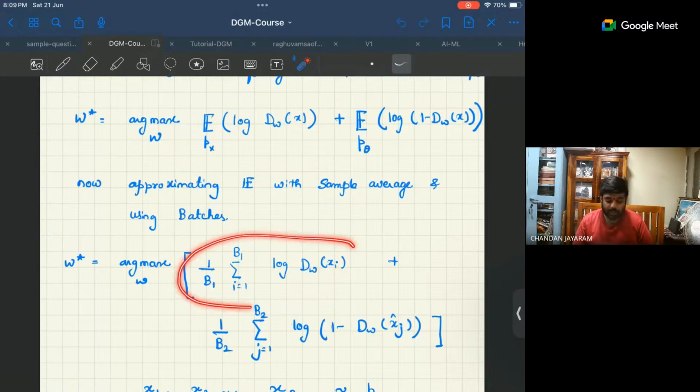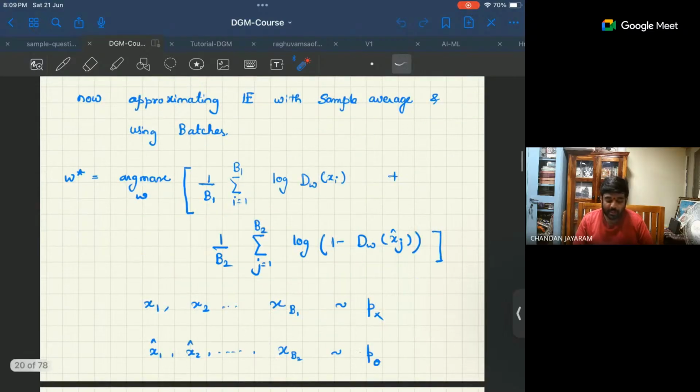You have taken b1 examples, and then you're calculating the sample average, and similarly here you are taking xj hat, which is nothing but the generated data. How do you generate it? This generation is nothing but g theta of zj.